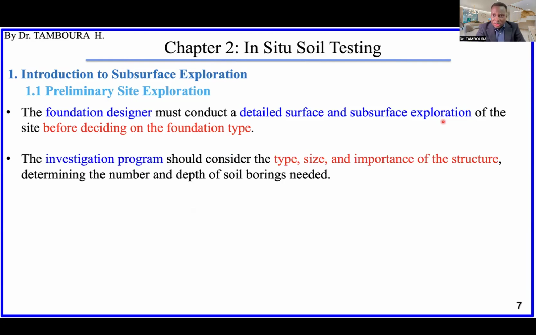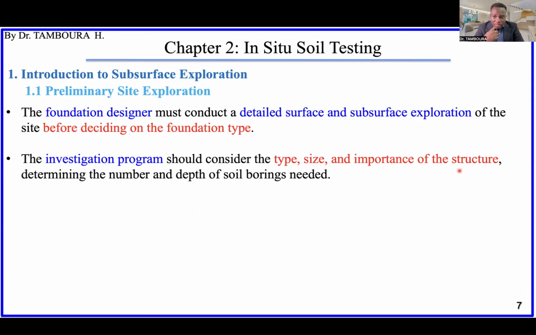Investigation program, because you need a program. You need to schedule everything, to program everything. It should be considered depending on the type, size, and the importance of the structure, the building maybe you are going to build.